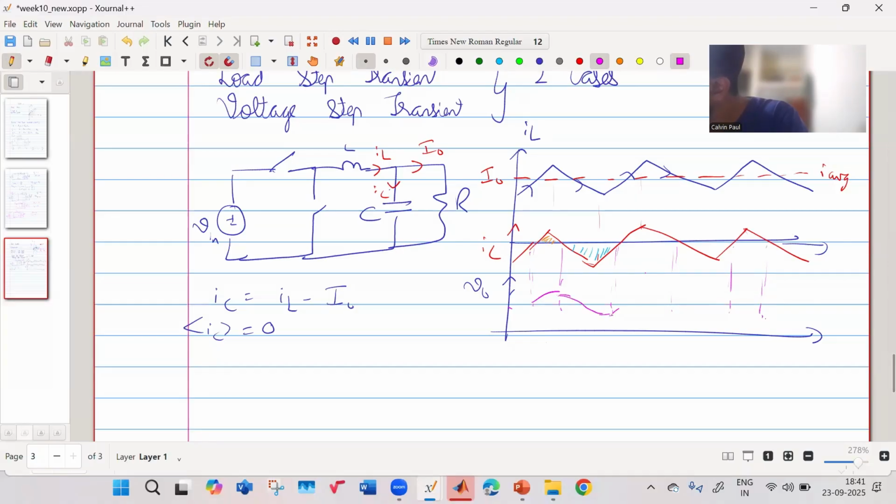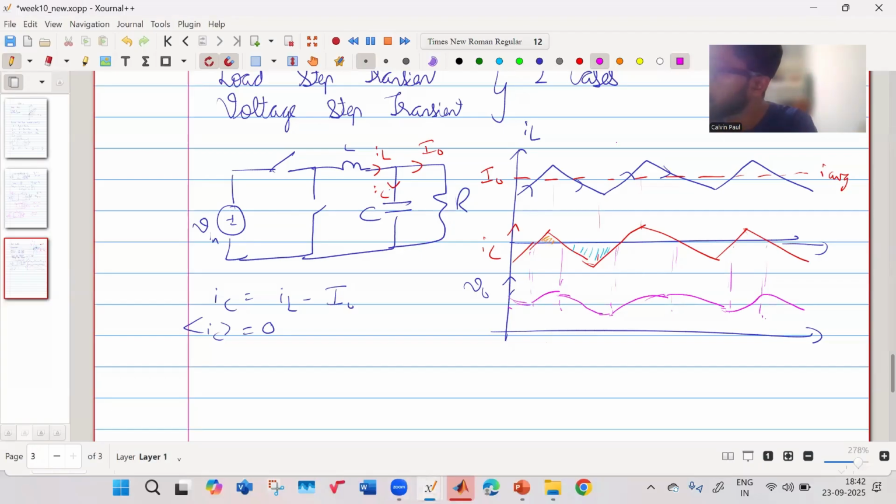Again, it will rise. Here it will fall. Right? Again, it will rise and fall. Okay. This is how your output voltage will look. I have not drawn it accurately to scale, but this is how it will look.